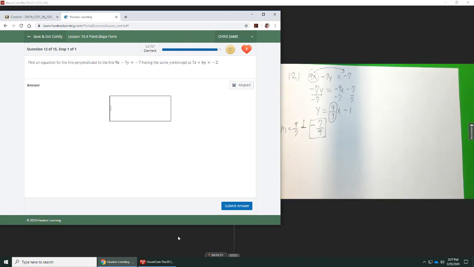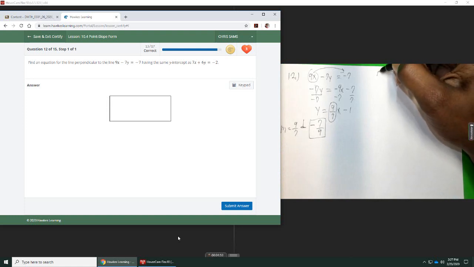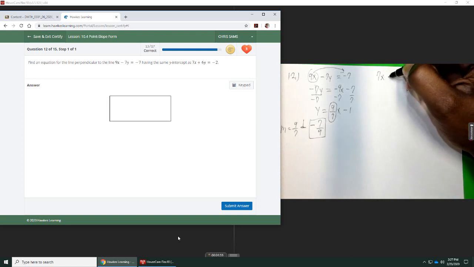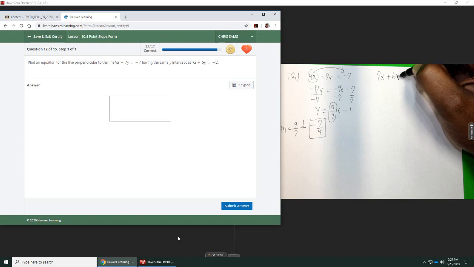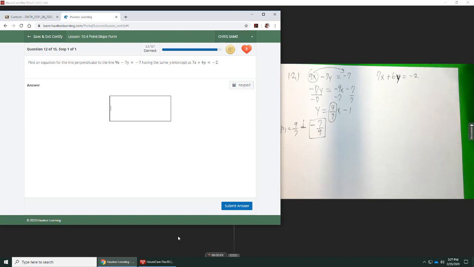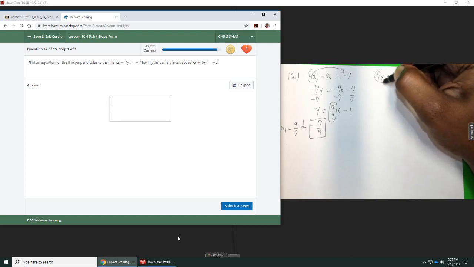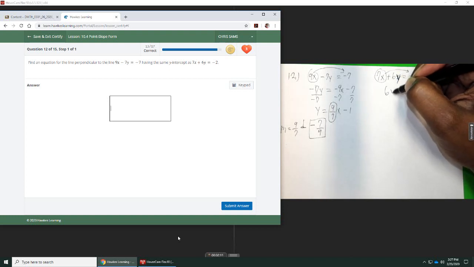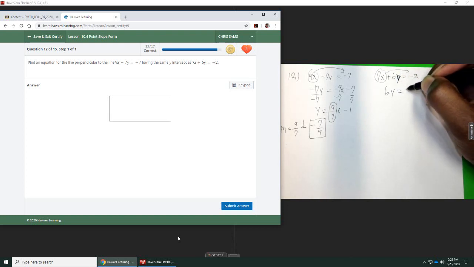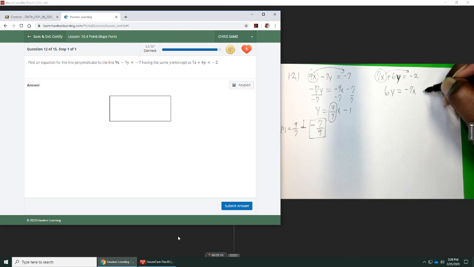And then the other equation, we're going to solve it for y. Same thing, I'm going to take this 7x, move it to the other side. It's going to become negative. So I have 6y equals negative 7x minus 2.